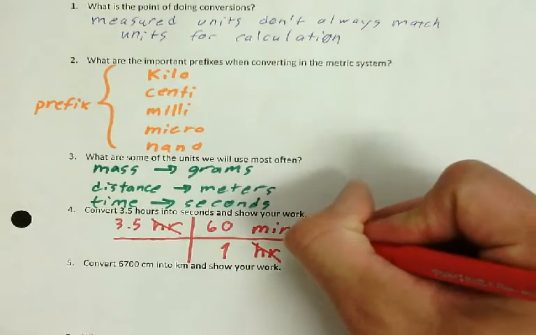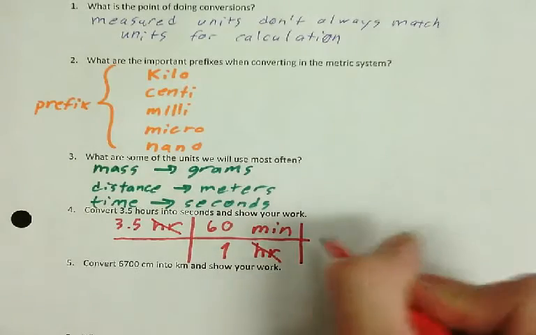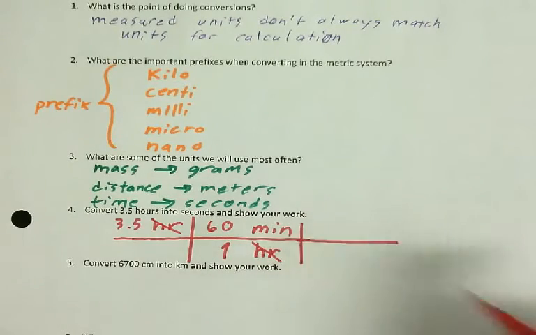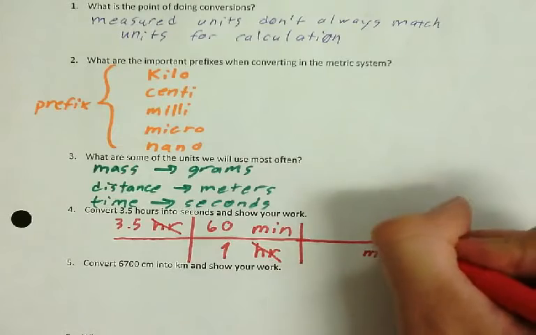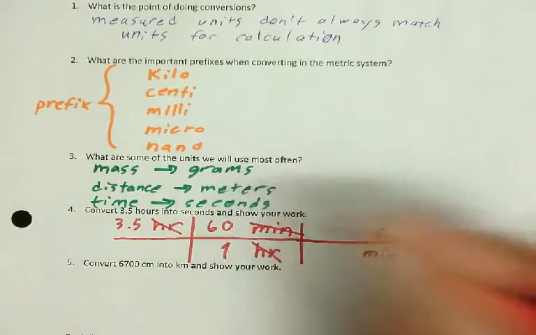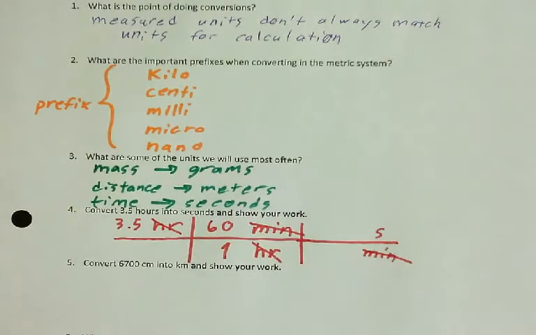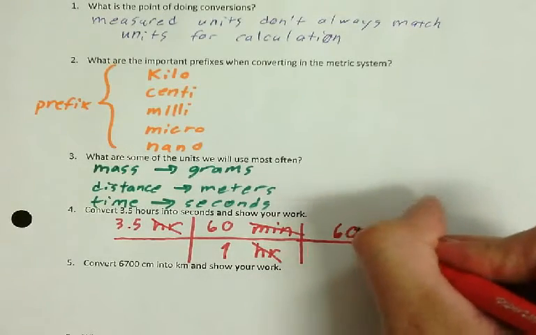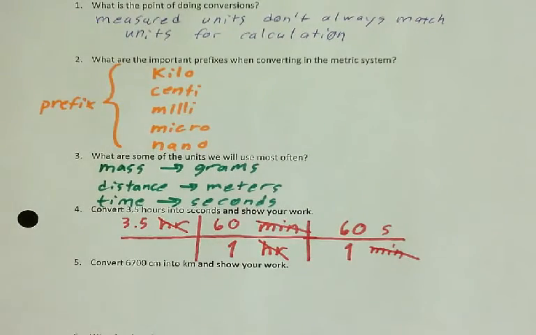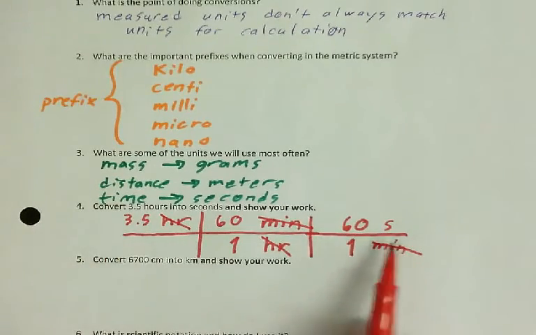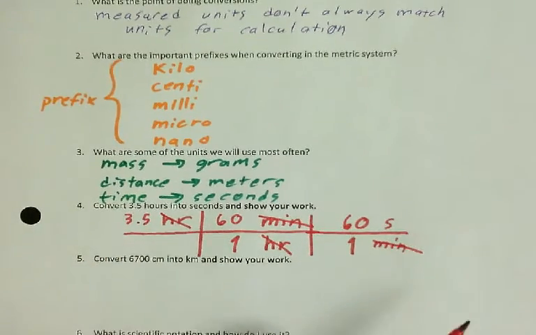Okay, I still don't want minutes as my final answer. I want seconds, so I'm going to do this again. Minutes go on the bottom. What I had goes on the bottom. What I want goes on the top. And I know that there's 60 seconds in a minute. So, how do I get the answer? You multiply everything in the top, divide by everything in the bottom.